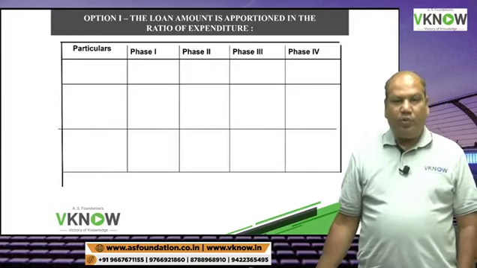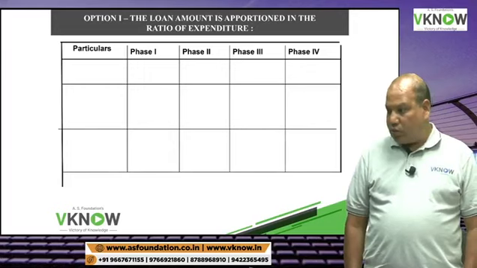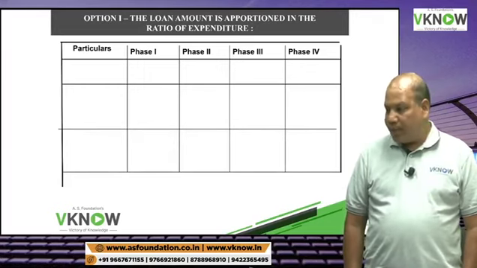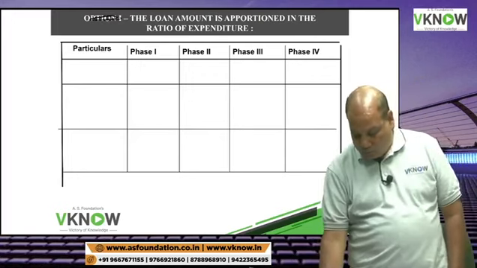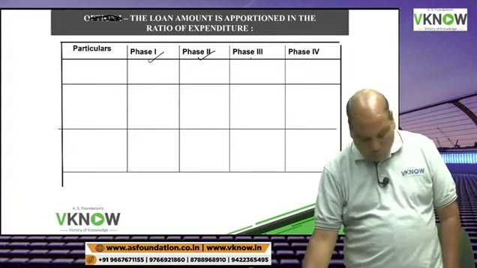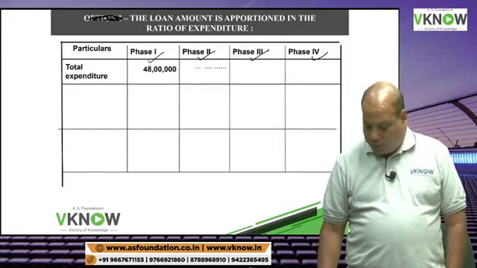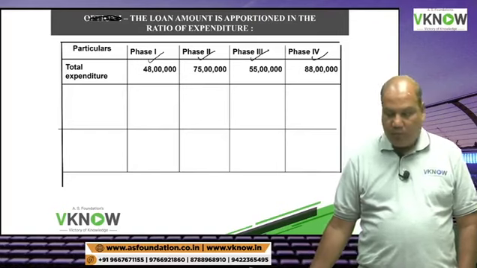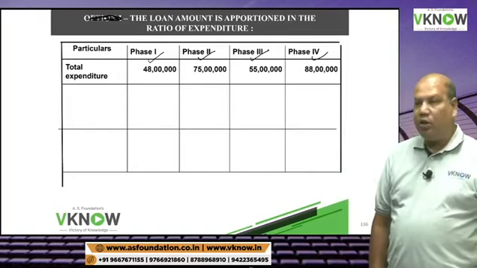You have to fill in the blanks in your book. Those who have the book will start solving, others can do it in the notebook. So write down phase 1, phase 2, phase 3, phase 4. Total expenditure, cash plus plant.